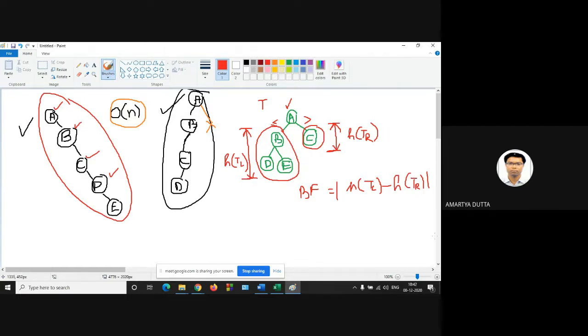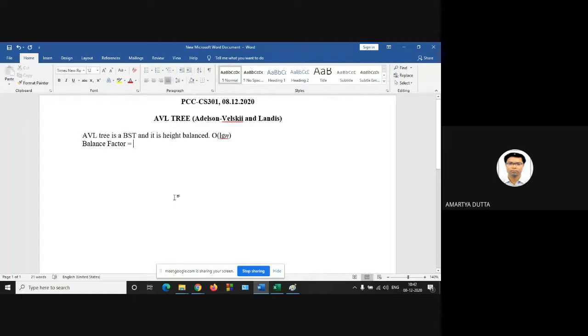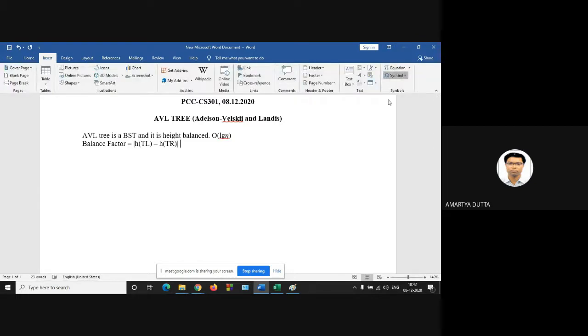The balance factor, the absolute value of h of TL minus h of TR, should always be less than or equal to 1.